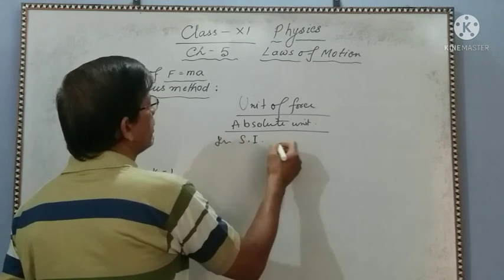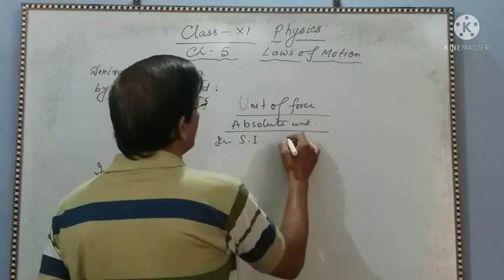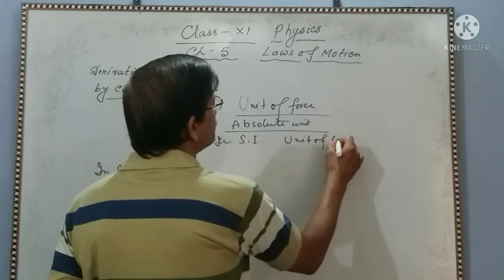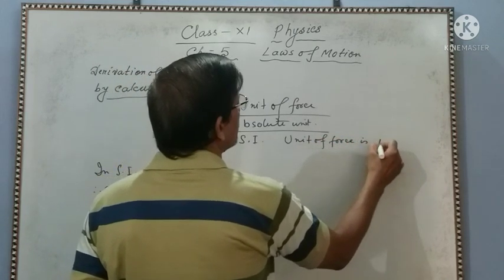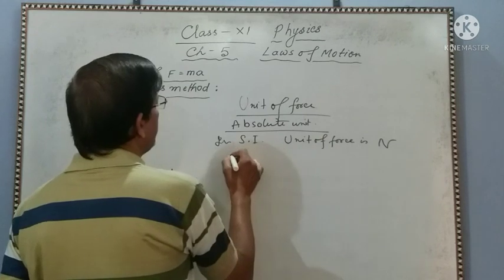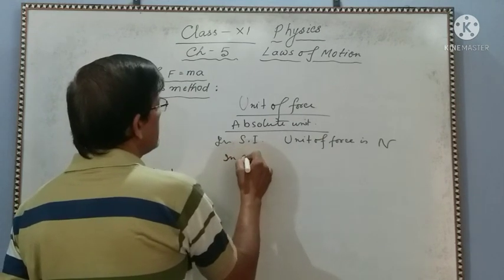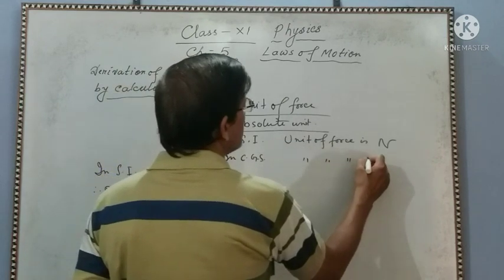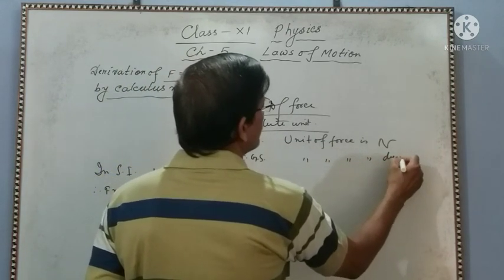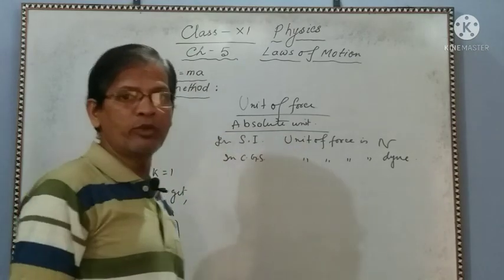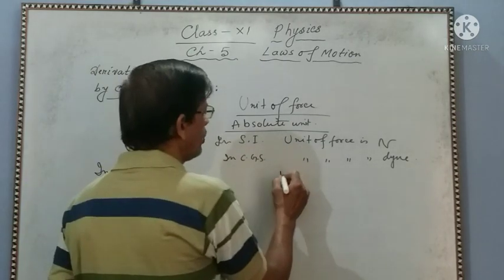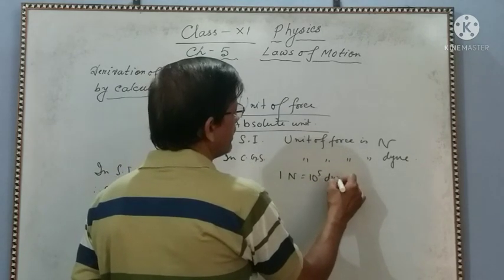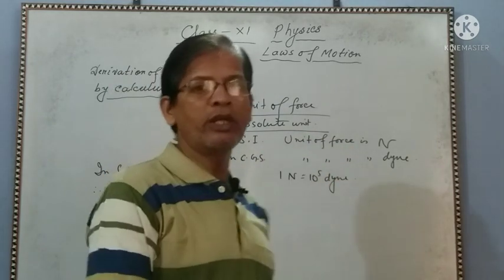In SI, Newton, and in CGS, the unit of force is dyne. And the relation between them, we know that 1 Newton equal to 10 to the power 5 dyne.